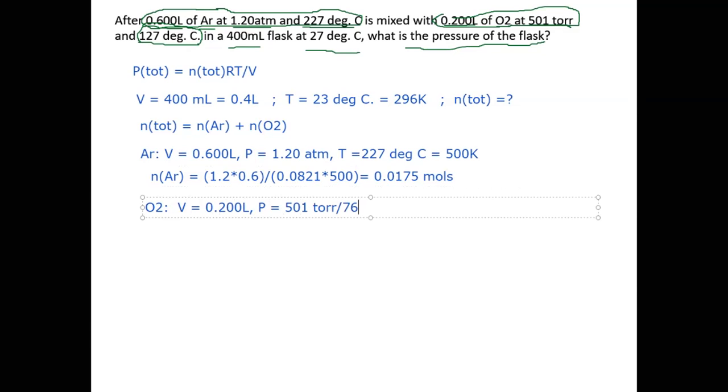So we divide by 760 to get atm. And then we have the temperature, 127 degrees C, which is 400 Kelvin.